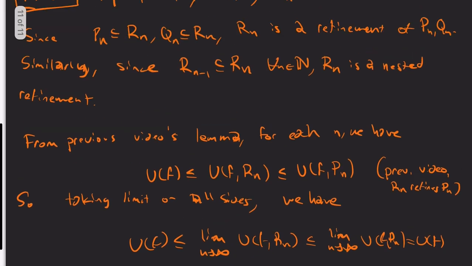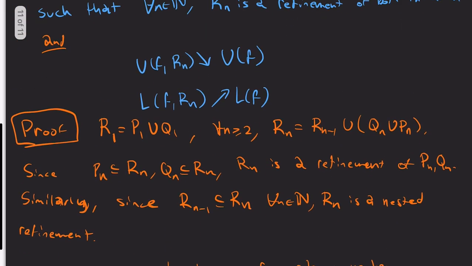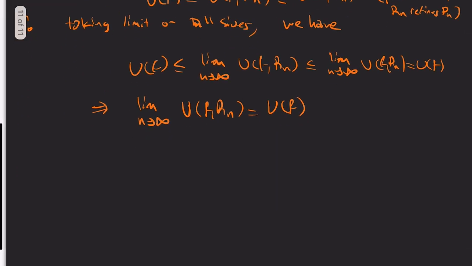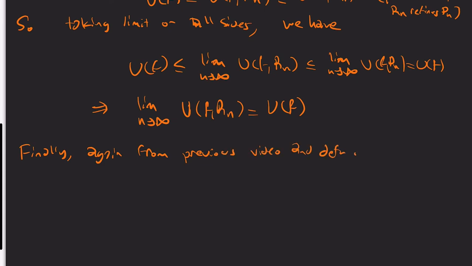We're not quite done. Forgot to mention this: we need to show it actually decreases, but this is relatively simple. Again, from the previous video and from the definition of nested refinement, we have that U of f Rn plus 1 is at most U of f Rn. This is nested dissection, or not nested dissection. Nested dissection is a completely different thing, that's a numerical analysis thing.